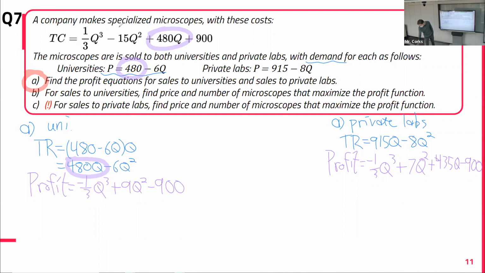Okay, we can solve part B, the profit for the university situation. The private lab one gets a lot more complicated.